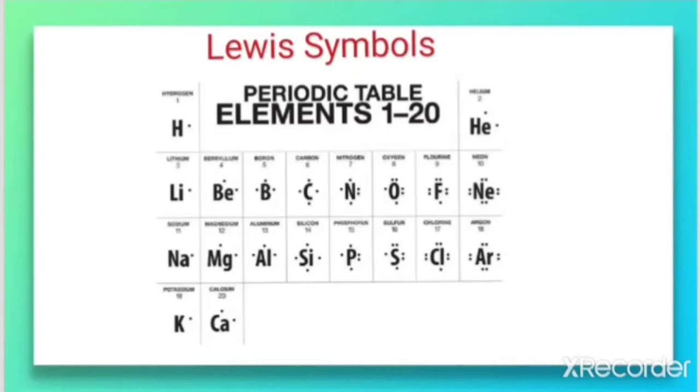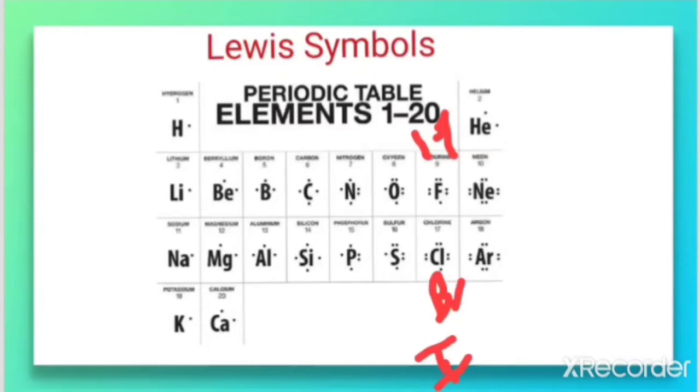So let me ask a question here. What will be the Lewis symbol for iodine? Definitely it may happen that you don't know the atomic number of iodine, but if you know that it belongs to the halogen family, that is group 17, fluorine, chlorine, next is bromine, next is iodine, then you can find the valence electrons.